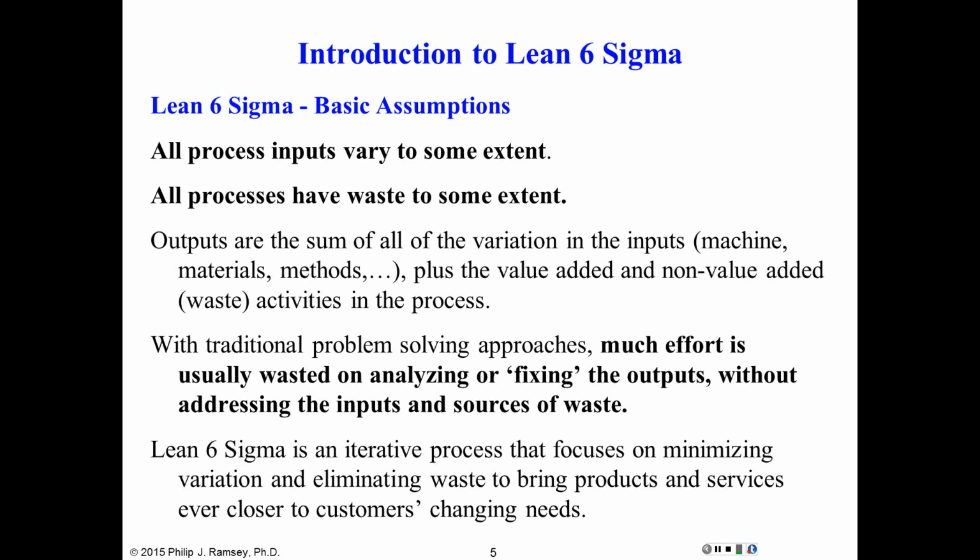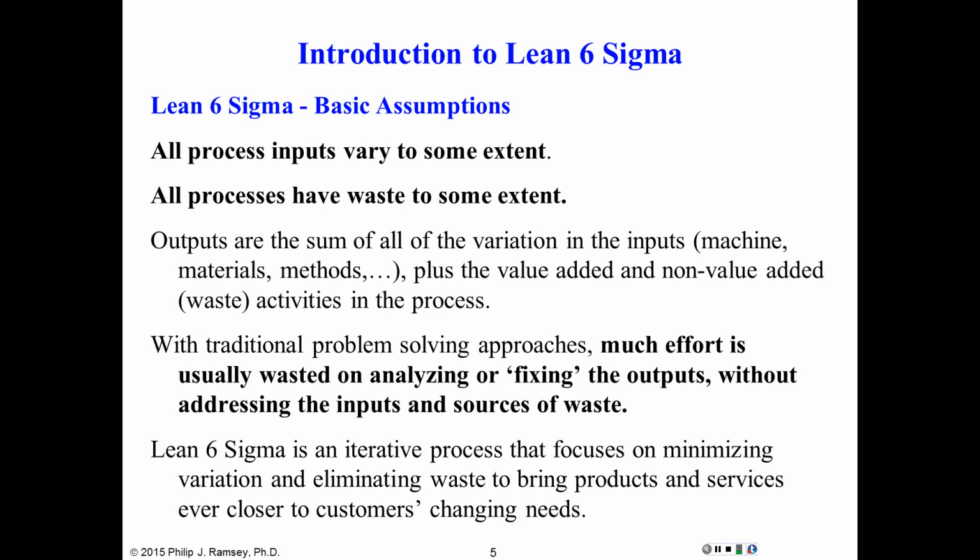And frankly, the outputs of whatever this process is have all of the effects of all sources of variation. So if you have variation in the input, you have some variation in the steps in the process. This all collectively adds together to cause a great deal of variation in the output. Similarly, if you have waste at many levels of the process, it all sums together to add a great deal of waste to a process, which drives up cost and often reduces quality.